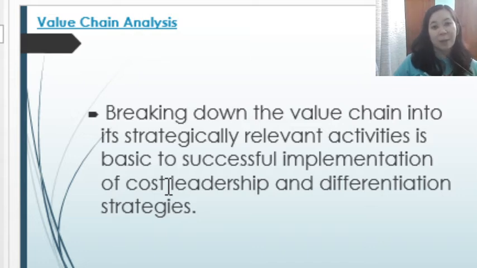Upon identifying the cost drivers, the management can select strategies which they can use to avoid such activity if possible, to reduce also the cost. That's why it can lead to successful implementation of cost leadership.